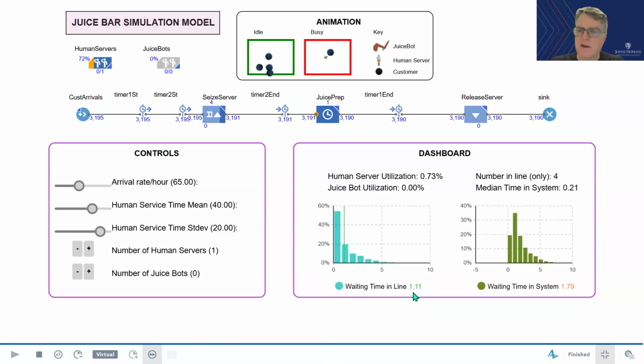And then the remainder of that is going to be time in the line, which averages out to 1.11. So the difference here should be about 40 seconds. These are expressed in minutes, obviously. Notice that the mean service time is actually much lower than the average because it's right skewed here.